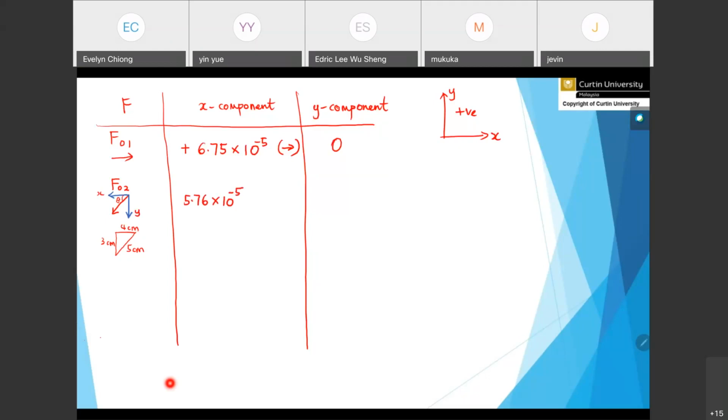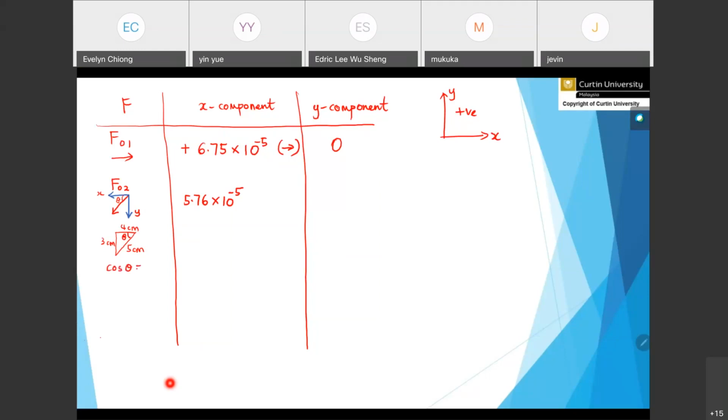Tell me, is this going to be cos theta or sine theta? Theta is here. Cos, okay? Because this is adjacent. The x component for the electric force F02 is adjacent to the angle theta, so adjacent, it is cos. If it is opposite, then we use sine. So in this case, we are going to use cos theta.